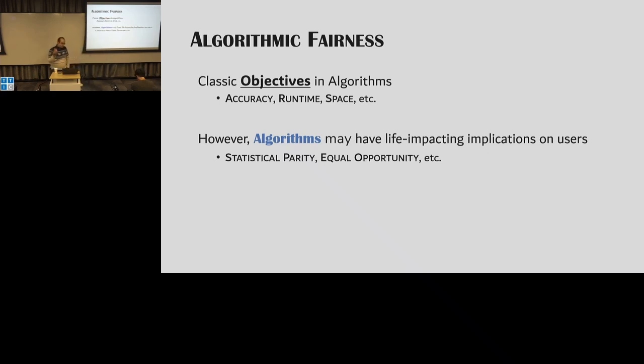People have come up with different notions to capture this, such as statistical parity, equal opportunity, and so on. There are other notions that we may also want to satisfy as algorithm designers to capture these fairness issues. In particular, a large part of my research was on studying the fairness of clustering.